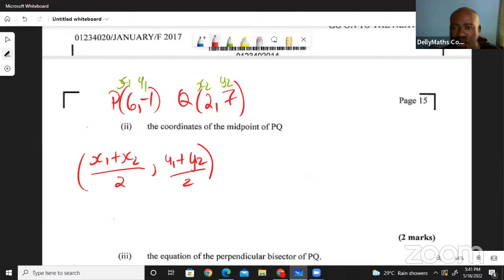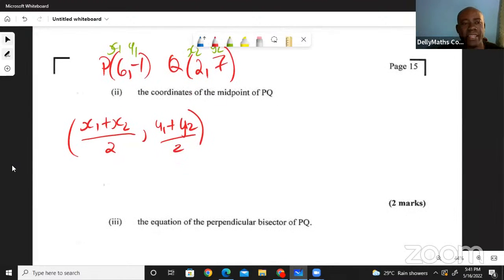You do not get this either from CXC. There's no coordinate geometry formula that you will get from CXC. So definitely for the paper 2, you would have to have certain formulas done for yourself. So again, this one says X1 plus X2 over 2, Y1 plus Y2 over 2. So we're going to do our substitution right now.